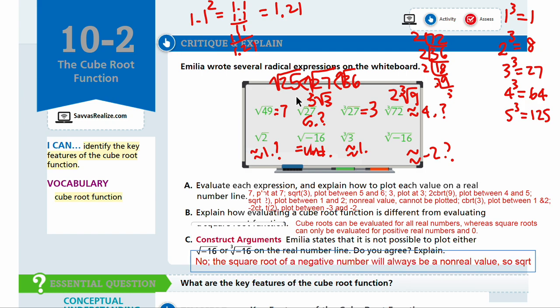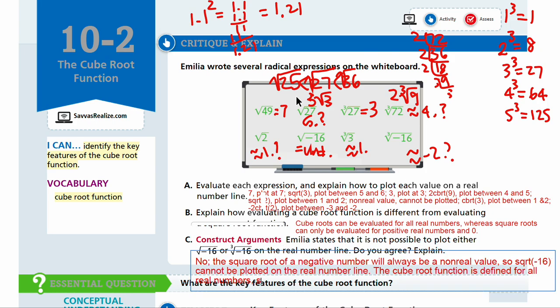So square root of -16 cannot be plotted on the real number line, but the cube root function is defined for all real numbers.